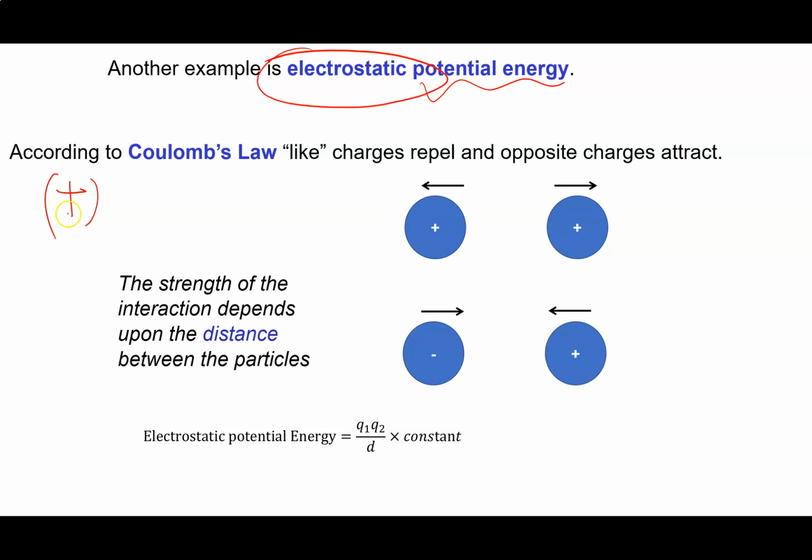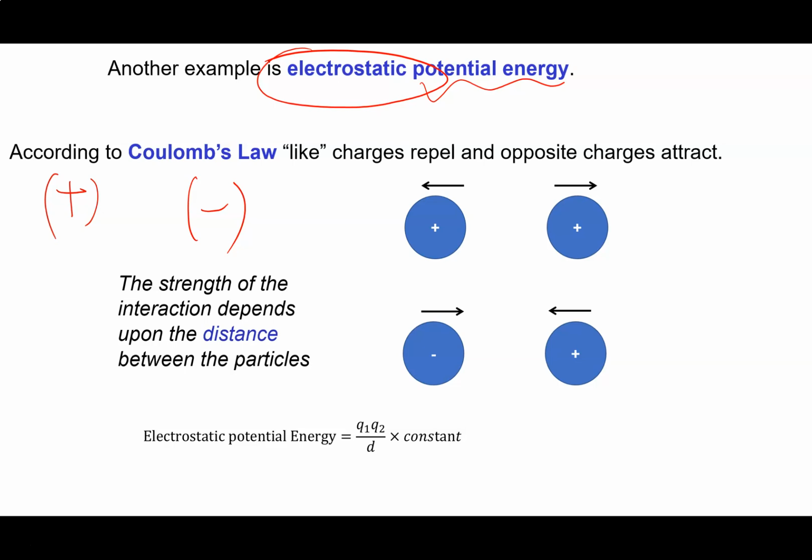It can be either positive or it can be negative. If an object doesn't have electrical charge, it's described as being electrically neutral. It has neither positive nor negative charge. And it turns out that the forces between particles that have this property of electrical charge depend upon the position of the particles relative to one another.